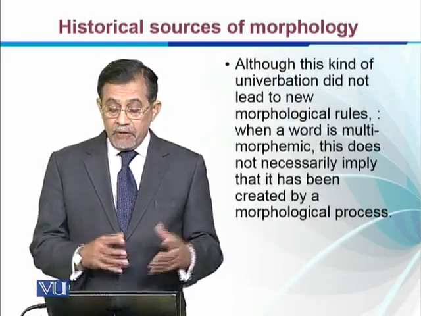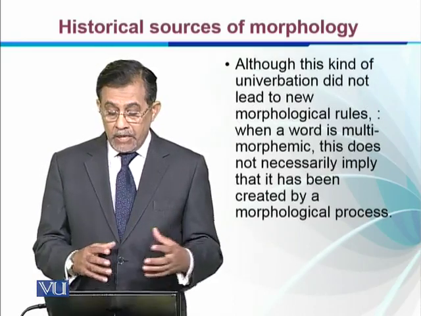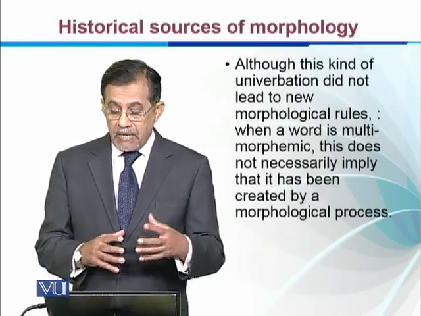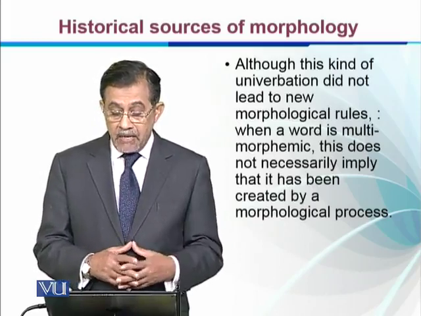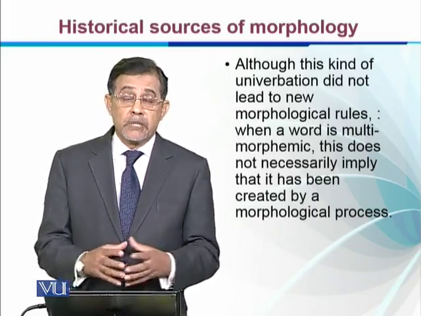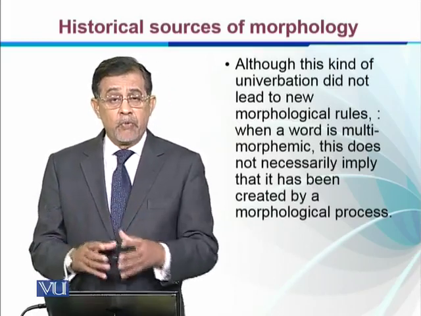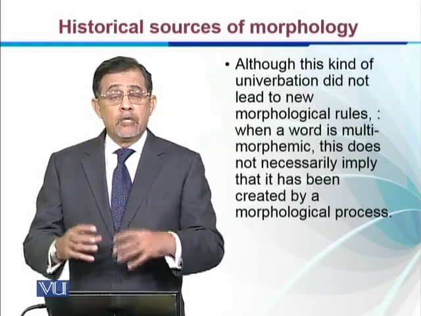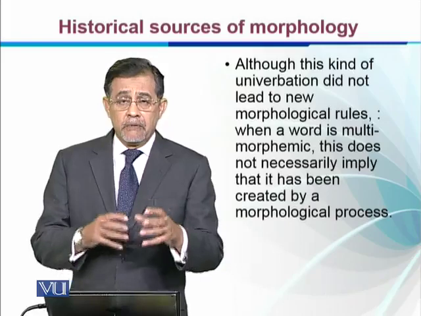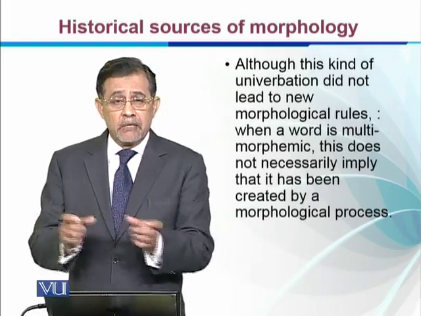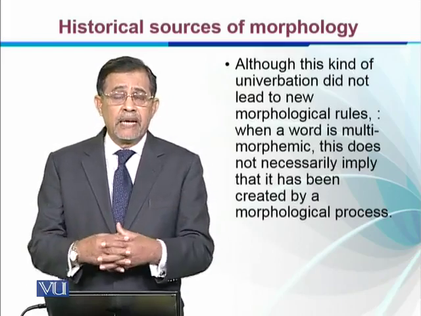Although this kind of univerbation did not lead to new morphological rules, when a word is morphemic, this does not necessarily imply that it has been created by a morphological process. So it does not show that albeit or the words we have just mentioned were made as a result of some morphological process, that there was a root and then certain prefixes or suffixes were added, etc.